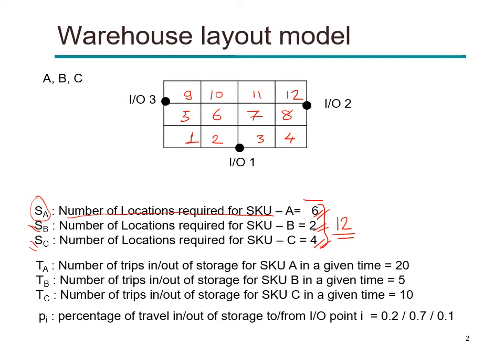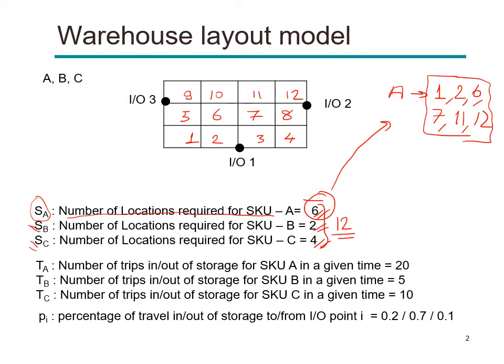So we will try to find, okay, A is allocated to, for example, 1, and we need, for example, 6 spaces for A. It means that A should be allocated to 6 such addresses. For example, 1, 2, let's say 6, 7, 11, and 12. So in total, the number of addresses should be equal to the SA value.